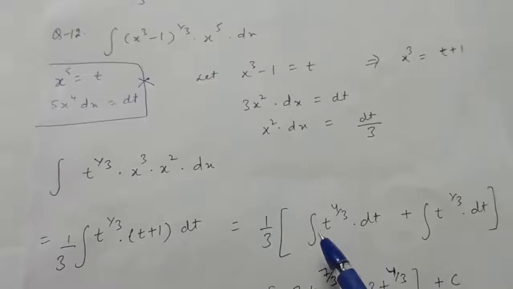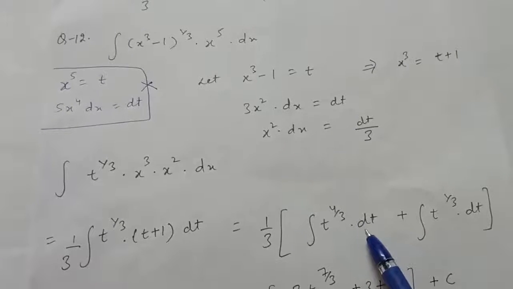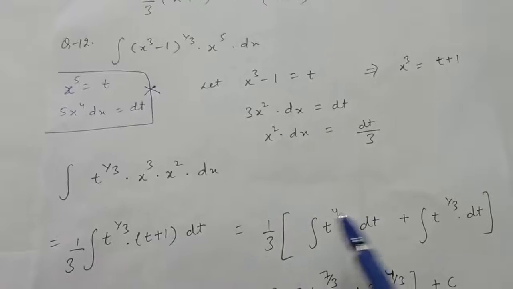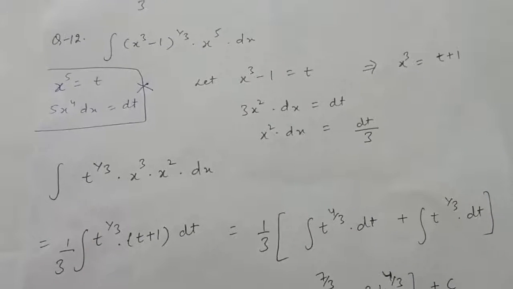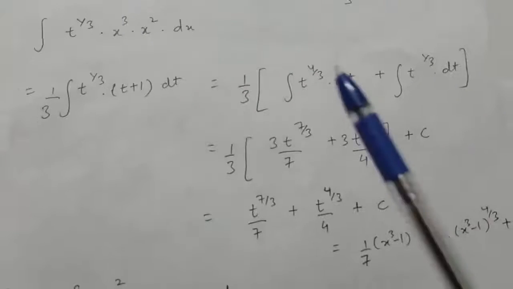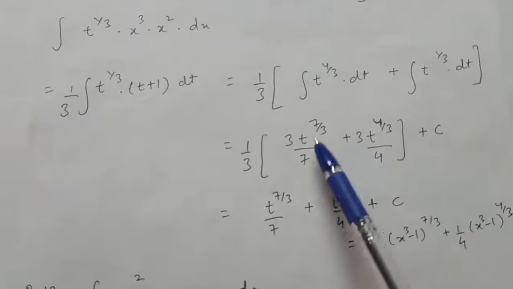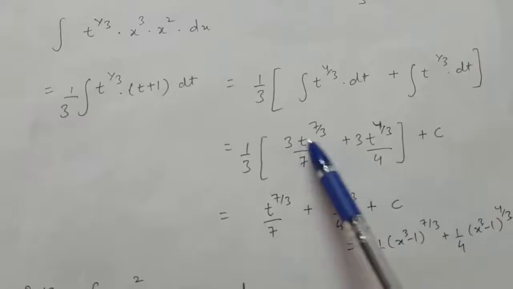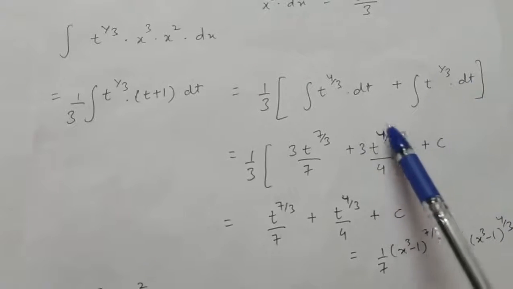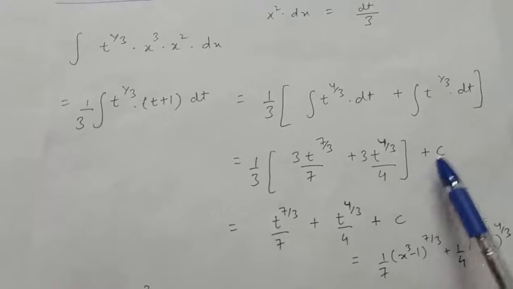So you will get integral of t raised to the power 4 by 3 with respect to t plus integral of t raised to the power 1 by 3 into dt, right? Now solve these integrals. 1 by 3 outside, integral of this will be t raised to the power 7 by 3 upon 7 by 3 plus integral of this will be t raised to the power 4 by 3 upon 4 by 3 plus c.